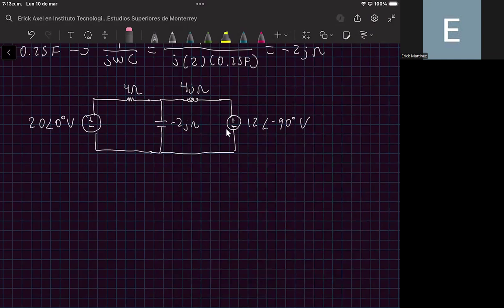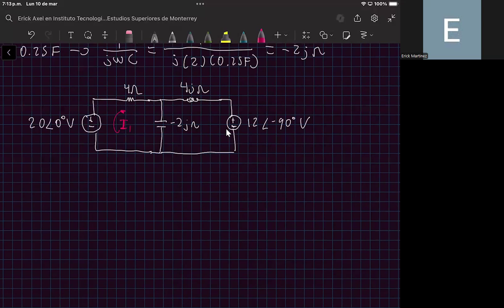Let's assume that the current in this mesh goes in this direction, okay? Goes from the negative to the positive terminal, and I will label this mesh as I1, okay? And also we have another mesh, that is this closed loop in which we have the capacitor, the inductor, and this other voltage source, okay?